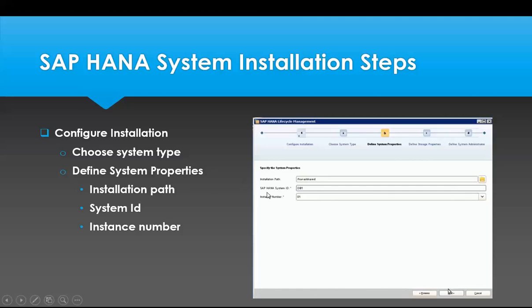Then you have the option for putting in the instance number, which has to be between 00 and 97, and you have to choose the instance number for the distributed system instance, so that it will be the same for all the hosts. So either it's a single host system or a multiple host system, you have to choose the instance number over here.